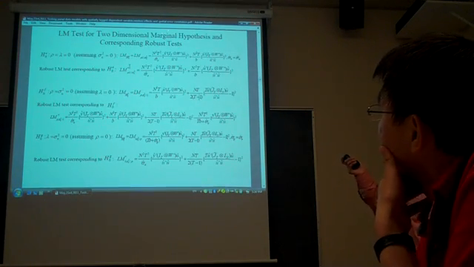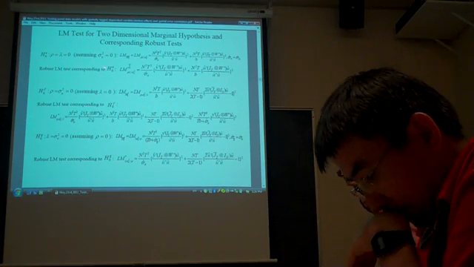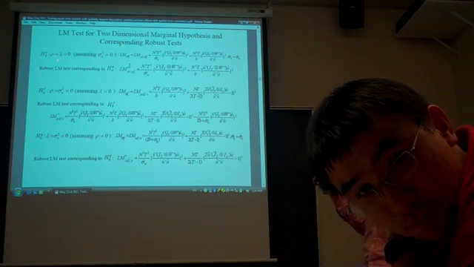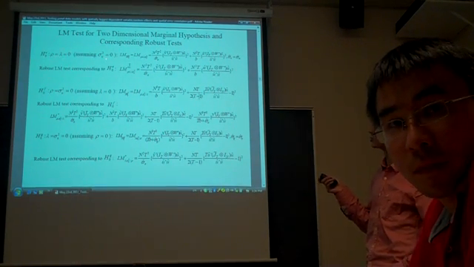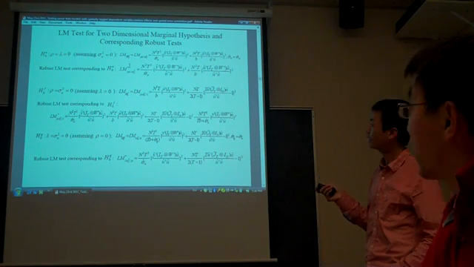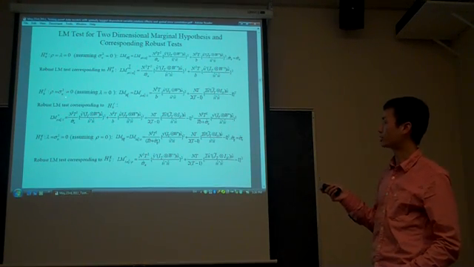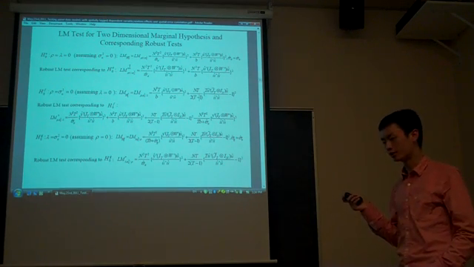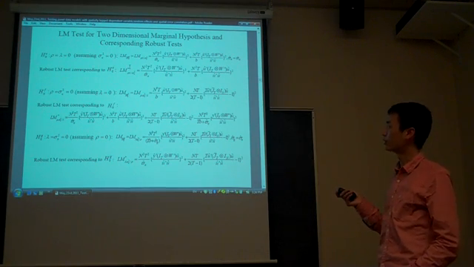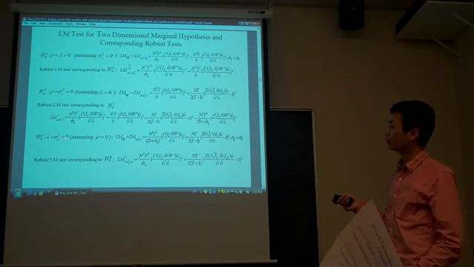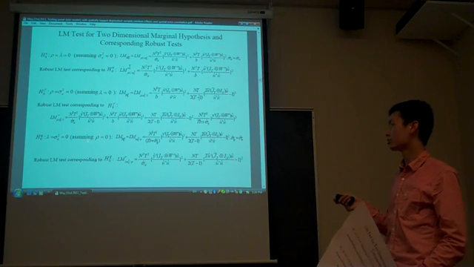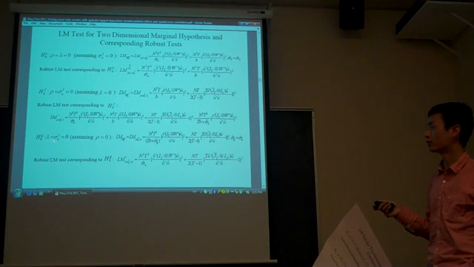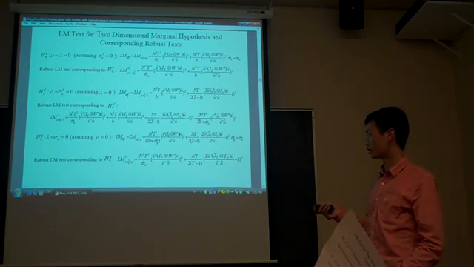And this is a two-dimensional marginal hypothesis, and the corresponding robust test is a different combination. First, rho and lambda, where we assume sigma u squared is 0. And the second one, we combine rho and sigma u squared. We assume lambda equal to 0, which means we are very confident that there is no spatial lag-dependent variable effect. And here, we are confident that in the error term there is no spatial correlation, but we are not sure whether there is a random effect or whether there is a spatial lag-dependent variable effect or not.